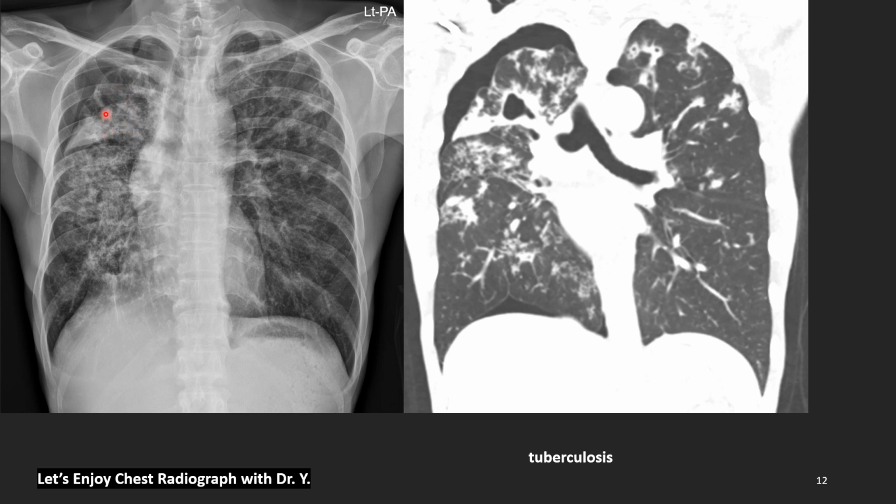Maybe this is a cavity, consolidation, many tree-in-bud patterns. We can see these patterns all in this coronal lung window setting CAT scan image. This is a cavity, pneumothorax, tree-in-bud of the bronchial lesion, consolidation, many tree-in-bud, all through the right and left lung.